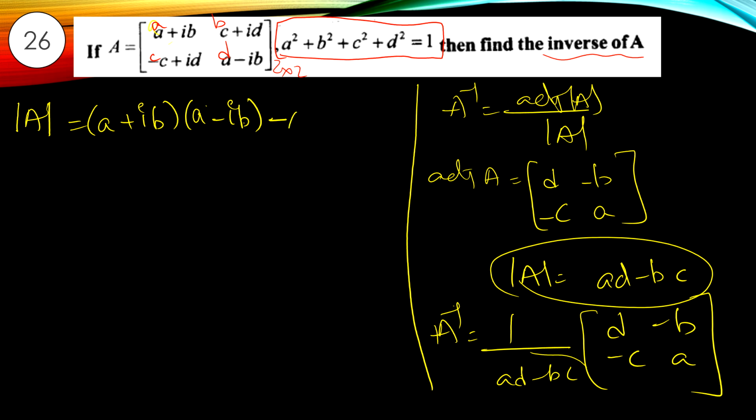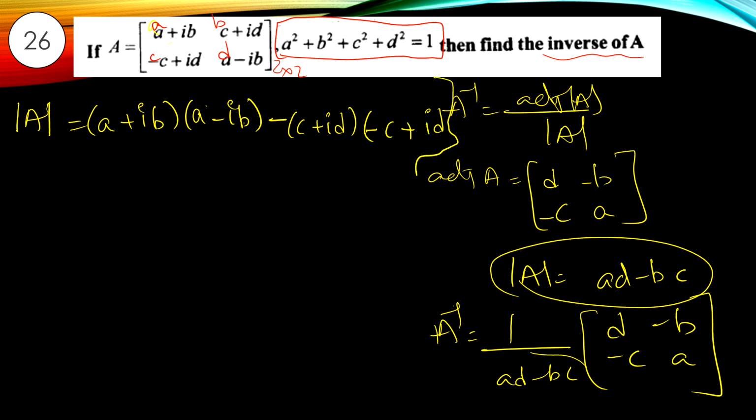Here b is (c plus id) into c, and c is (minus c plus id). So what is this? Minus (c plus id) into (minus c plus id). This is what we need to calculate.